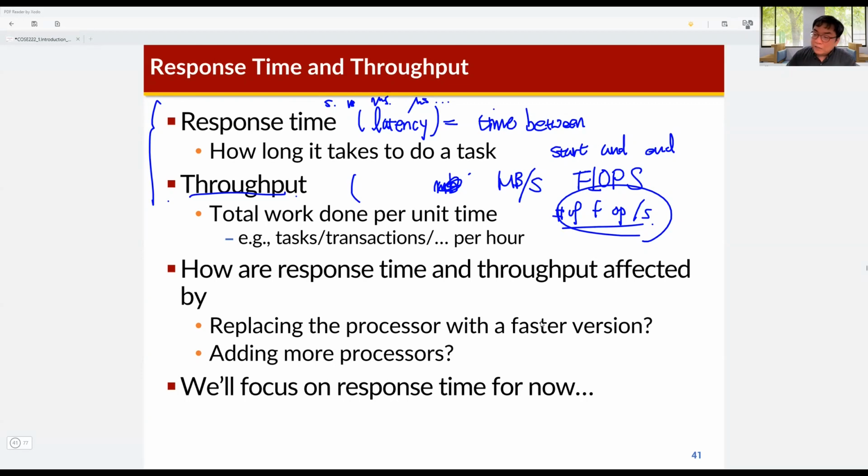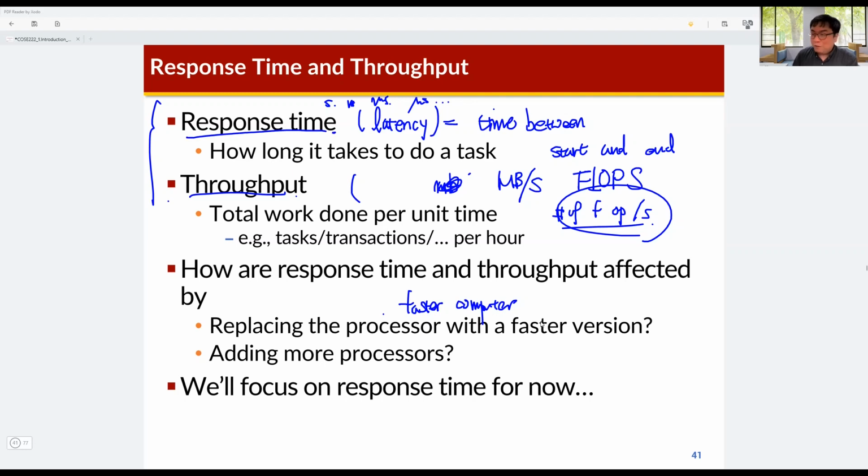Then how can we increase the performance of a computer system? If we focus on the response time, then how can we improve the performance of this computer system or computer processor? It's a faster computer. If we mention the faster computer, then we frequently mention the response time.